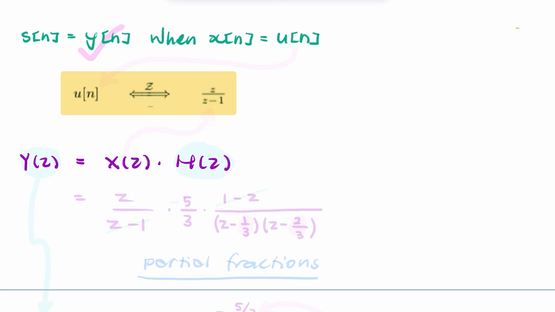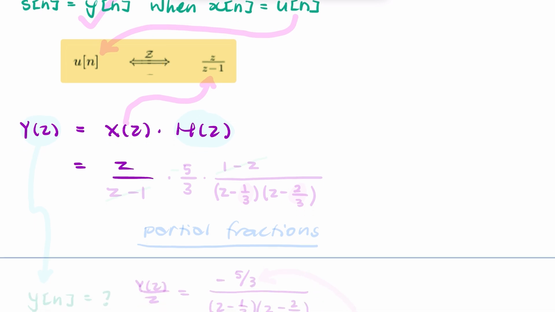Now the input is z over z minus 1, because the input in the time domain is a unit step. So we can simply say y of z is equal to z over z minus 1 multiplied by the transfer function H of z, which we just found in the previous section.